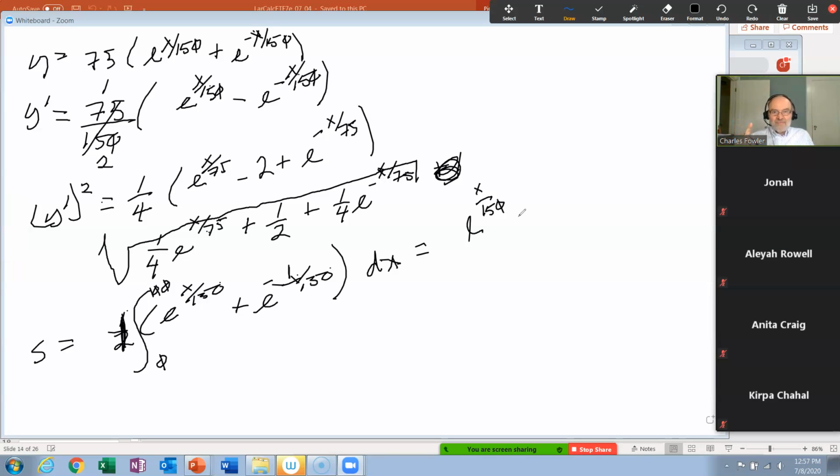We're not taking the derivative, we're doing the antiderivative, so that's multiplying by 150. So that's going to be a 150 here, and it'll be on that one, and it'll also be on this one. Only that's going to give us a minus here, e to the minus x over 150. And we're going to evaluate that from 0 to 100.